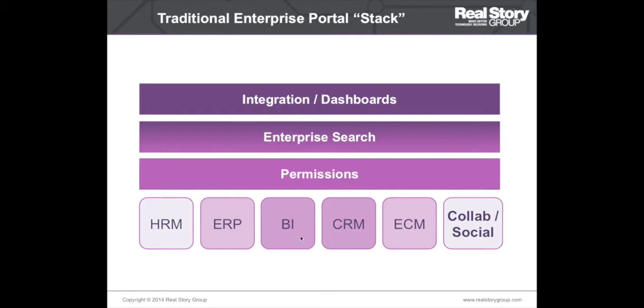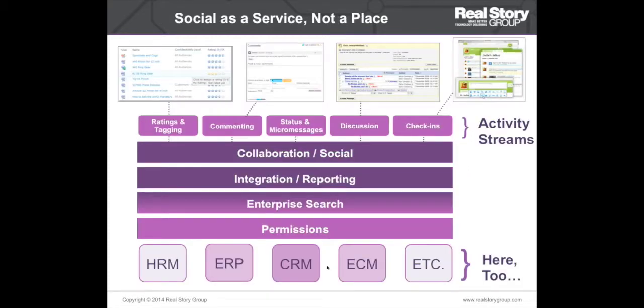But I think people who have been doing this for a while recognize that maybe we should think about social and collaboration services less as a space to go to and more as a layer, or something that I can do across my enterprise. And there's a lot of potential here. The problem is that from a standards and an architectural perspective, and even with respect to security and compliance, as an industry we're not really quite there yet.